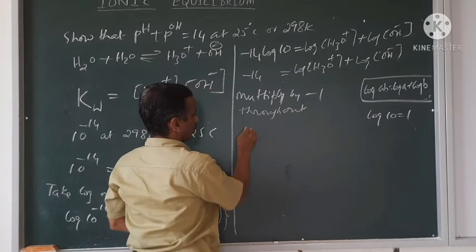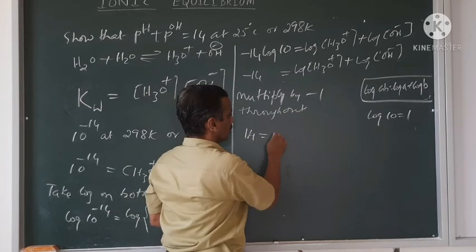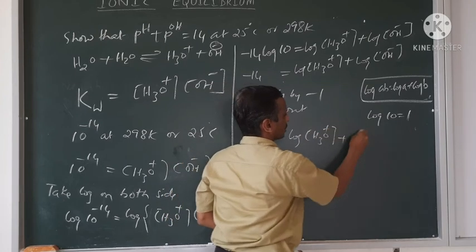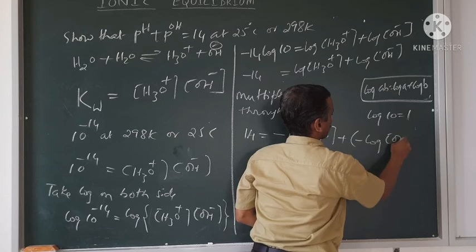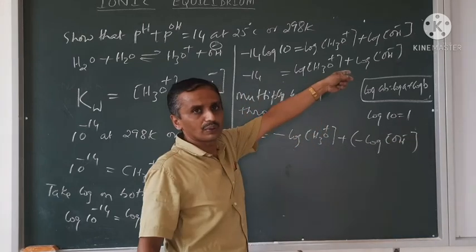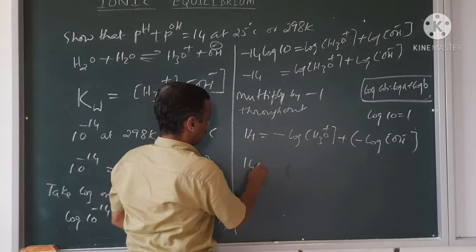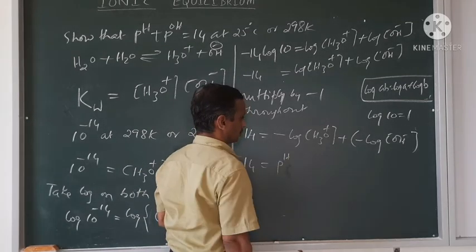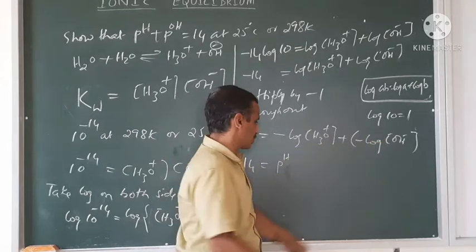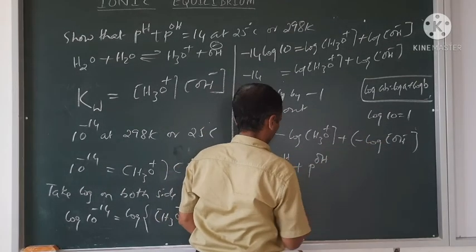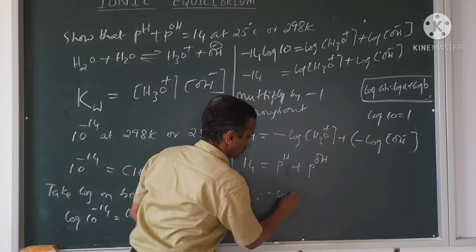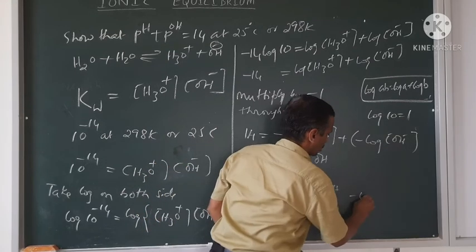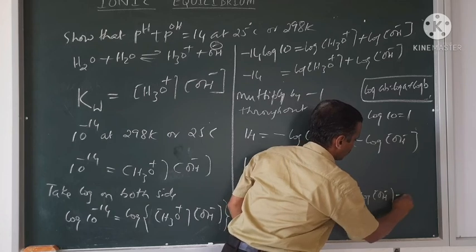What do I have? 14 is equal to minus log of H3O plus concentration plus minus log of OH minus concentration. Throughout I multiplied, no mistake. 14 is equal to minus log H3O plus, which is pH, plus minus log OH minus, which is pOH.